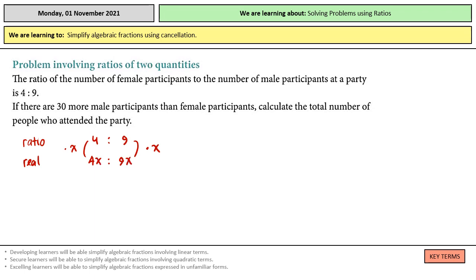Okay, so if there are 30 more male participants than female participants, calculate the total number of people who attended the party.